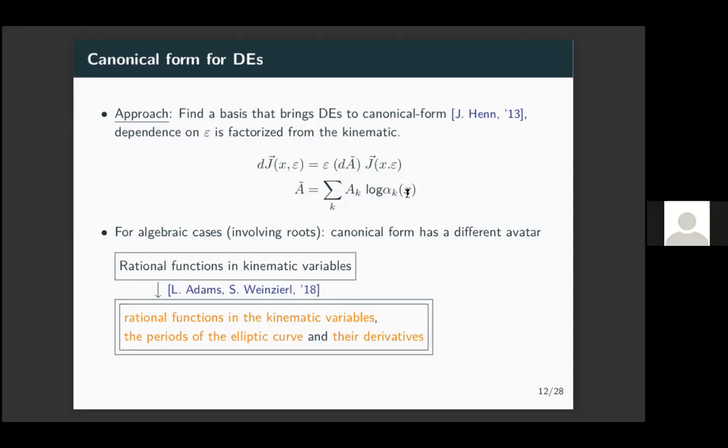Sorry, can I have one more question? Yes. So this A tilde, it looks like it will have various singularities in the kinematic space, right? Meaning as a function of the kinematic variables. So we still have the integrability condition on A tilde, right? So this will have poles. Yeah, it will have.